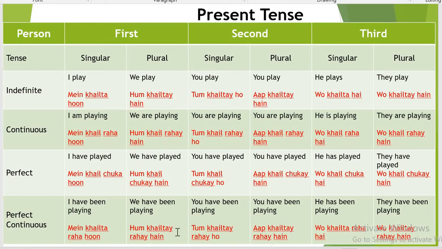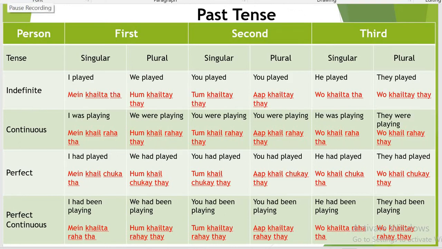The next one we will do is the past tense. Okay, now we will be doing the past tense. Again, it has the 4 parts: indefinite, continuous, perfect, and perfect continuous, just like before. And it has the 3 persons: the first person, second person, and third person.